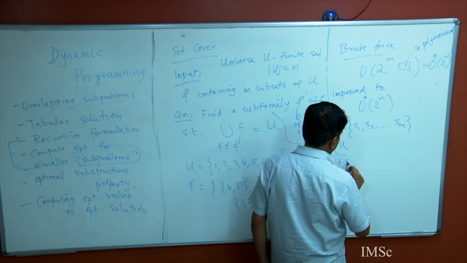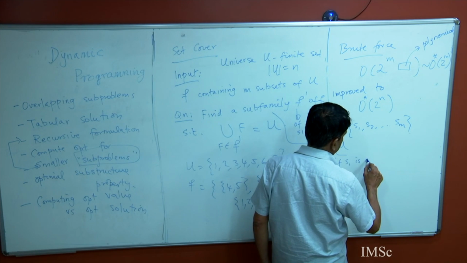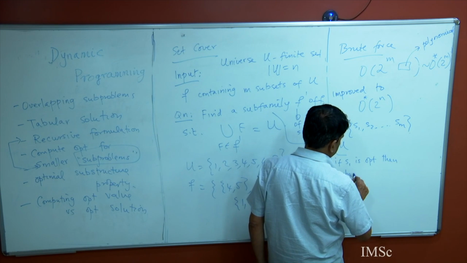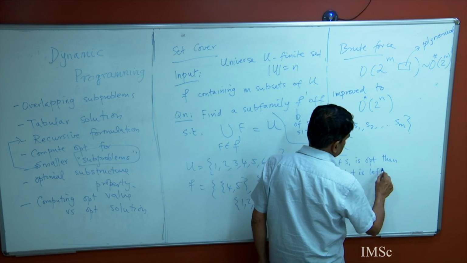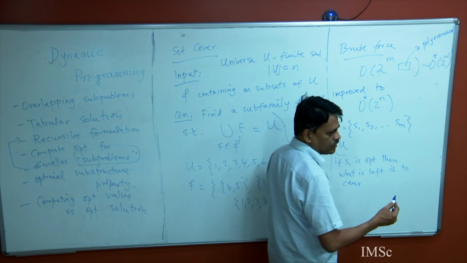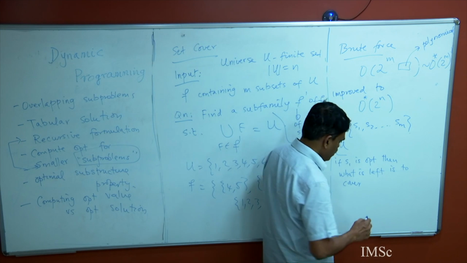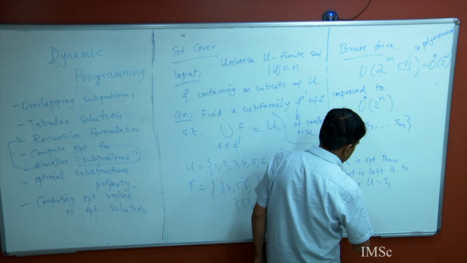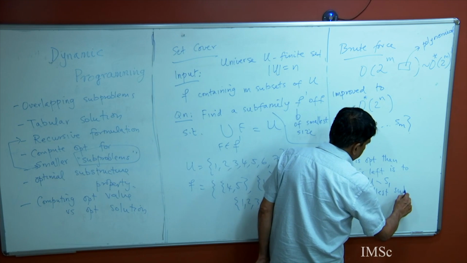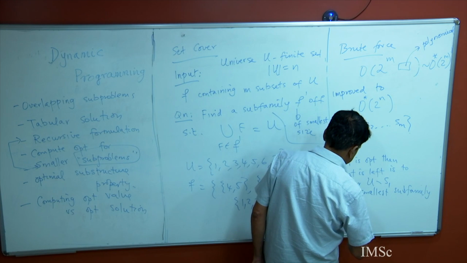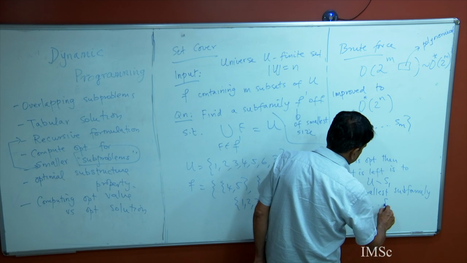If S1 is in the opt, then what is left is to cover U minus S1 using the smallest subfamily of S2 to Sm.